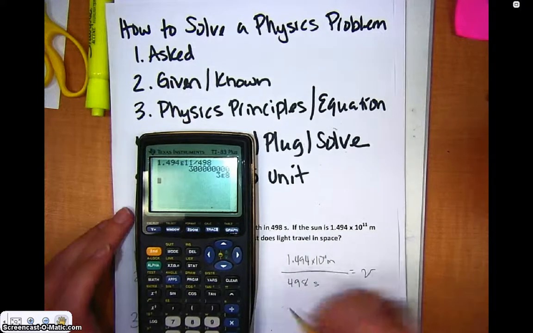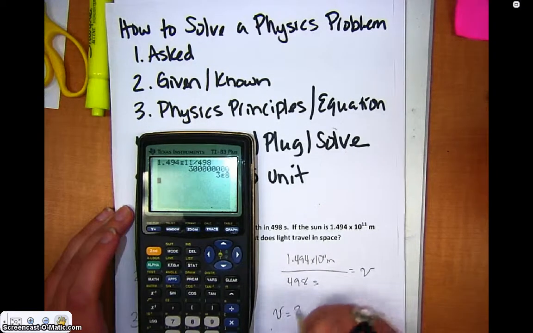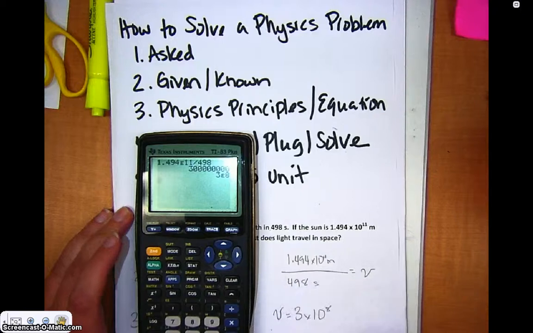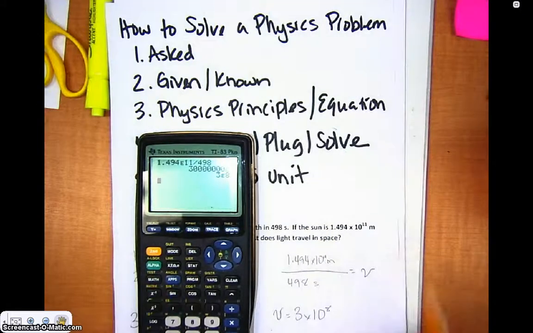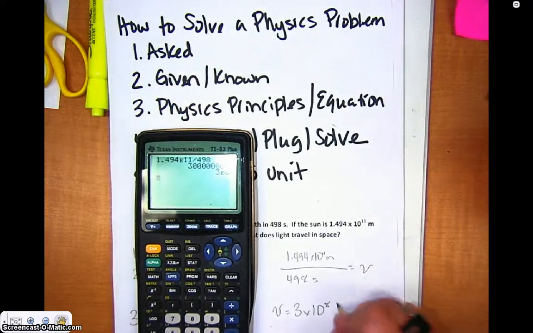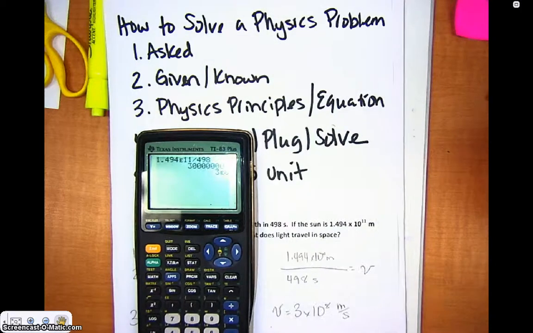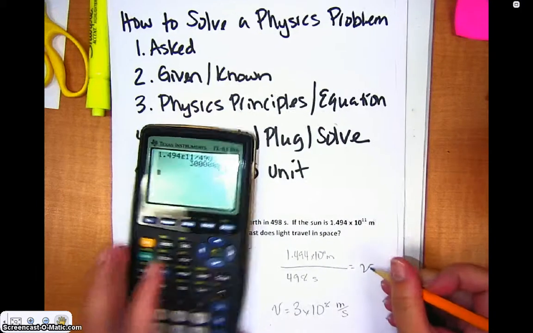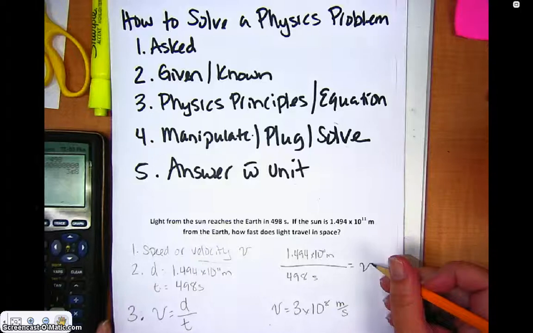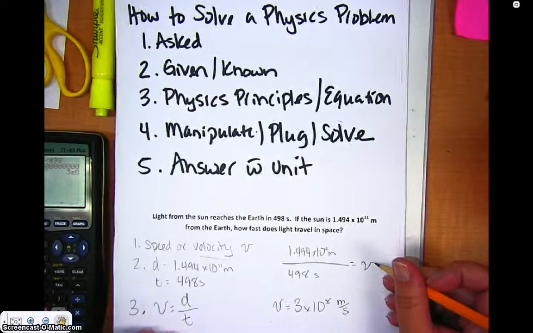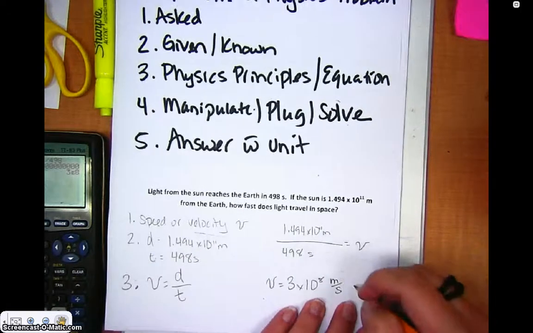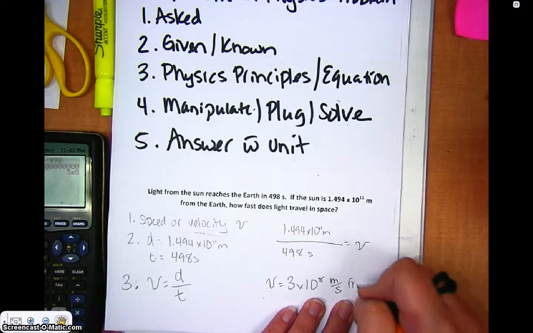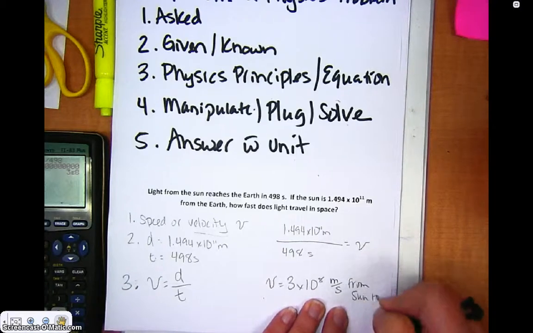So the velocity is equal to 3 times 10 to the 8th. Now, whenever we write the answer, we also have to include the unit. In this case, it would be meters per second. And again, if we were writing velocity, we have to indicate direction because it's a vector. So we'll say from sun to earth.